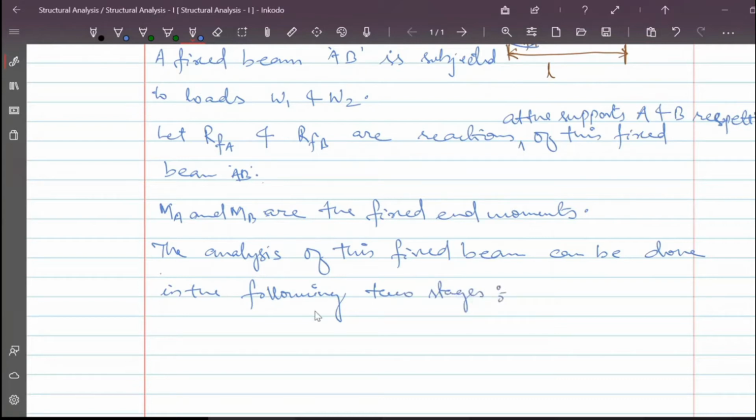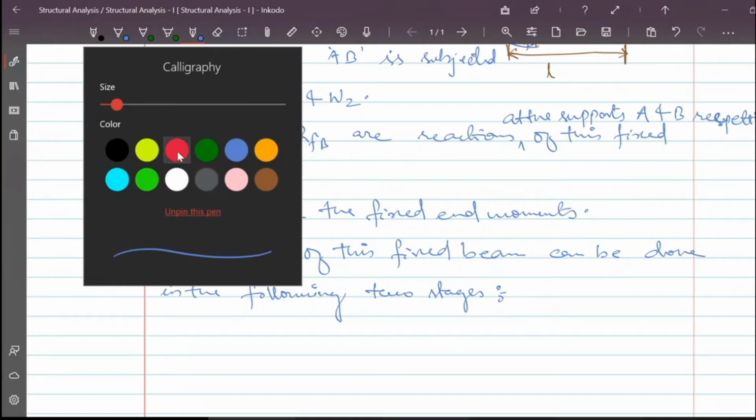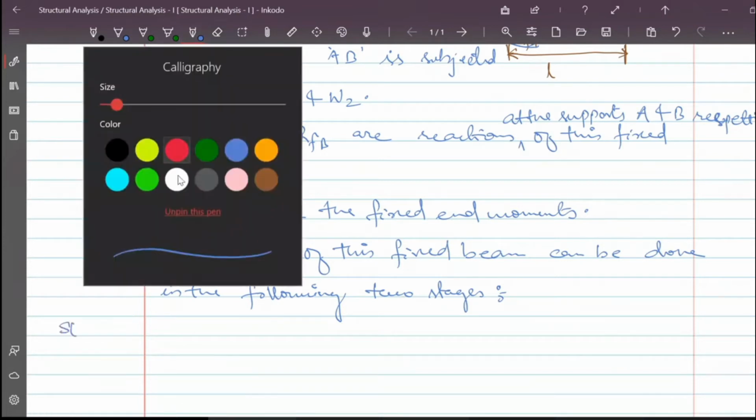Now, what is the first stage? Let me change the color of the ink so that it looks somewhat better to you. So the first one, let us say, is stage 1.